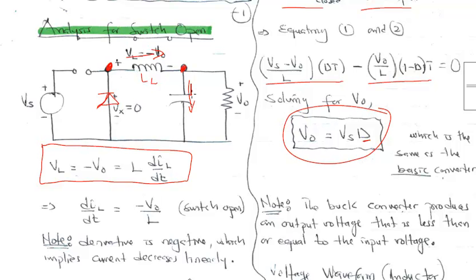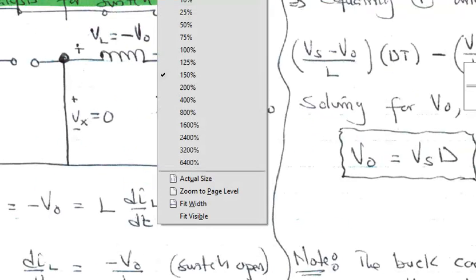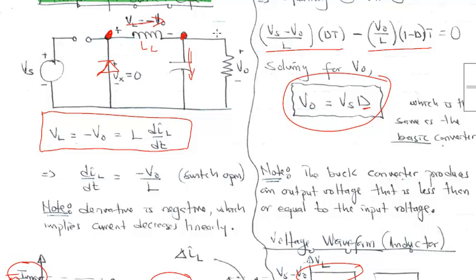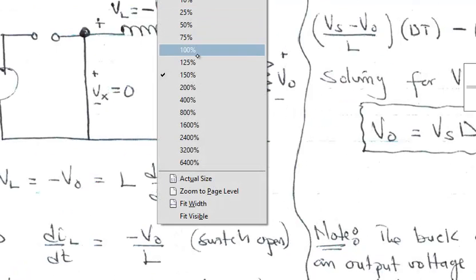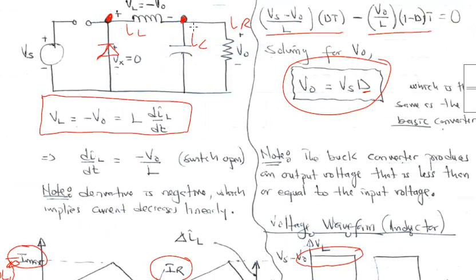So we have IC, and then we have IR, that is the load. IL is coming in and is splitting across IC and IR, the load.